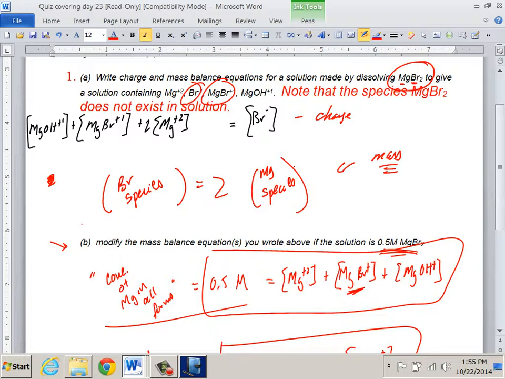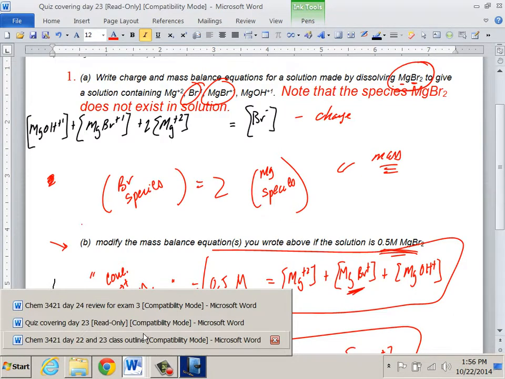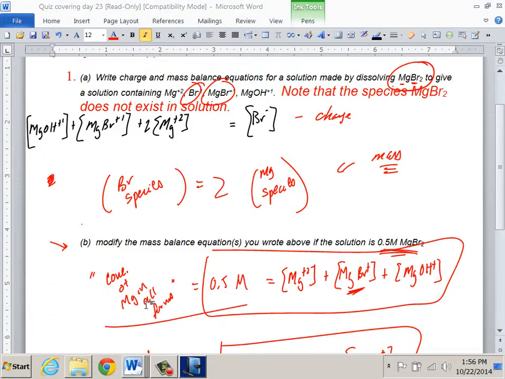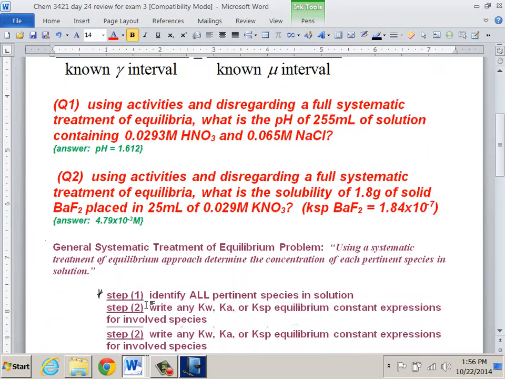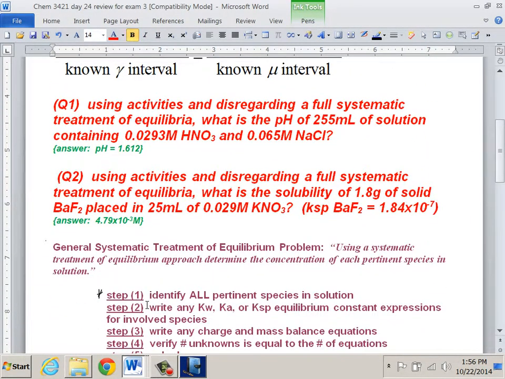It's getting ugly. Okay. So these are more like just getting the concept down of writing a charge or a mass balance equation. If we want to apply the whole thing and get an answer, it won't quite be that complicated because, my goodness, so many equations, so many unknowns, it gets to be a lot of work. So for our review for exam 3, that's where this stuff is coming from.